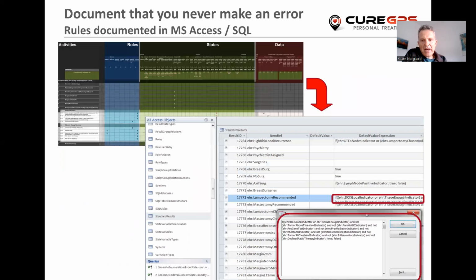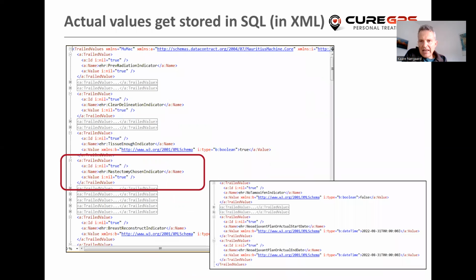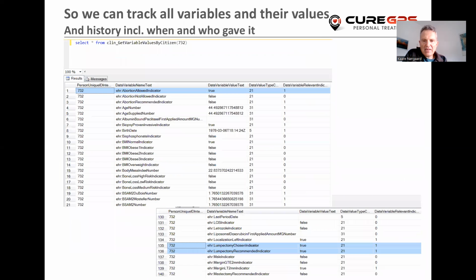And the way we document that is that every recommendation has a rule behind it, and you can see it highlighted here in red. For instance, if we recommend a lumpectomy, we have a rule that informs us how that is recommended. And all the data is recorded and timestamped as well, so you can see exactly when that data came in.